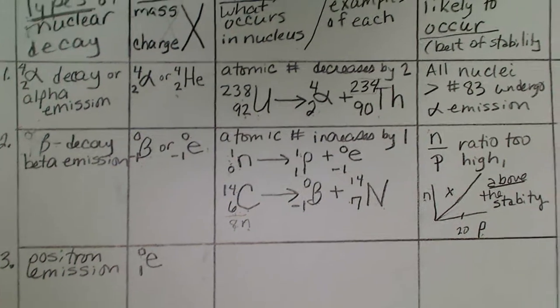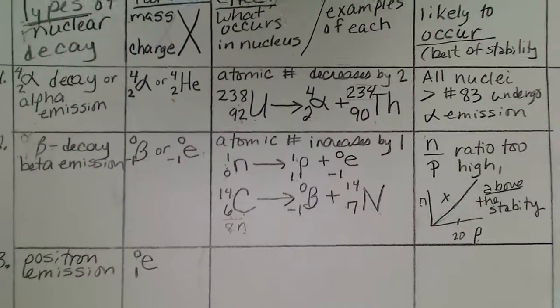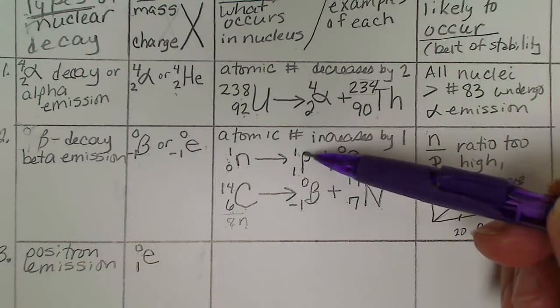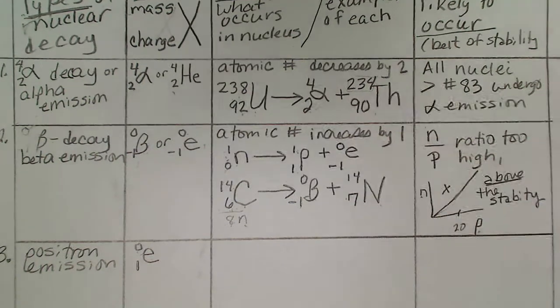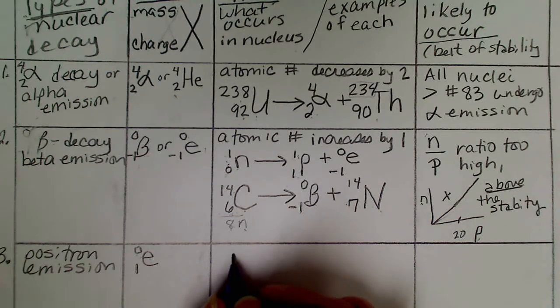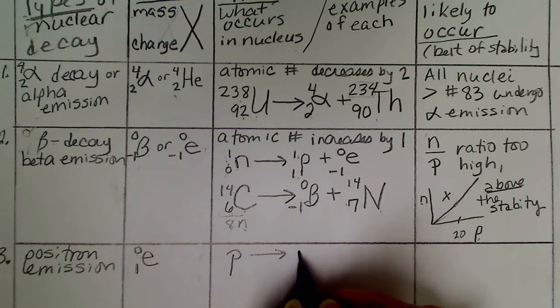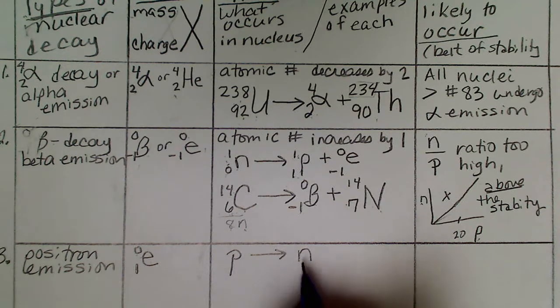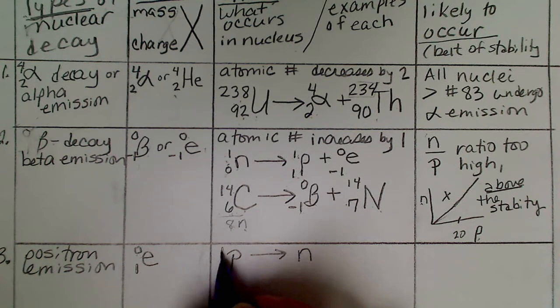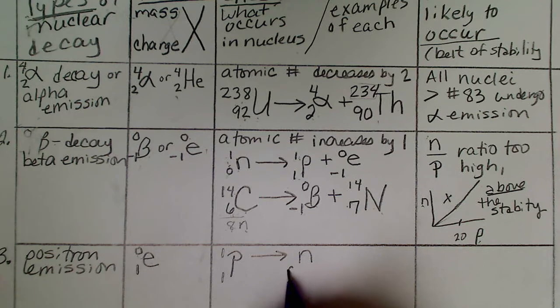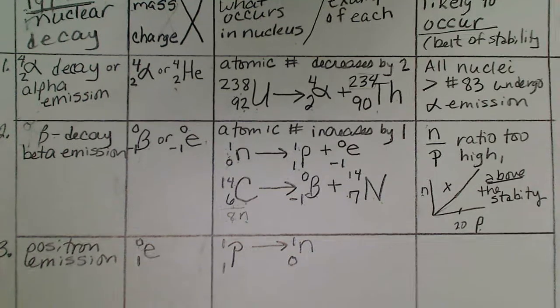So what happens, or the effect in the nucleus, is the exact opposite of beta decay. In this case, a proton turns into a neutron. So if we write the particle with the charge across the bottom and the mass on the top, a neutron has no charge, its mass is 1.